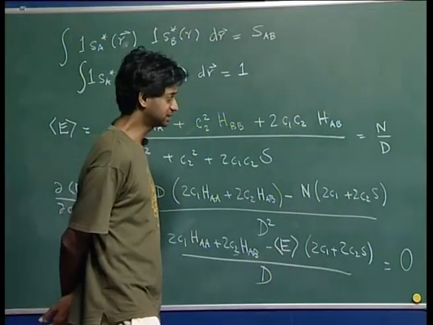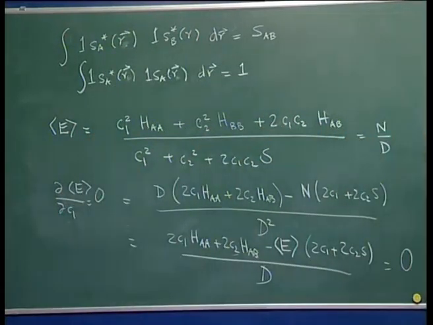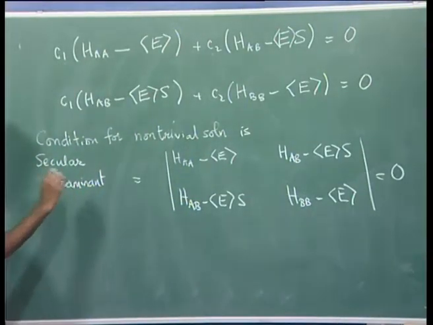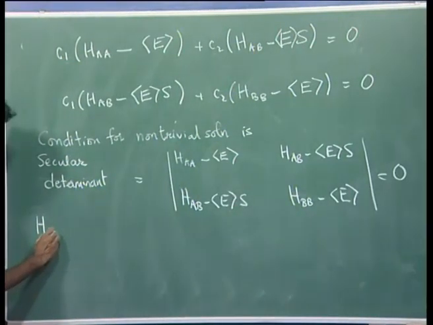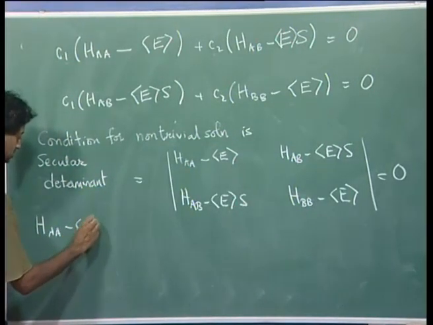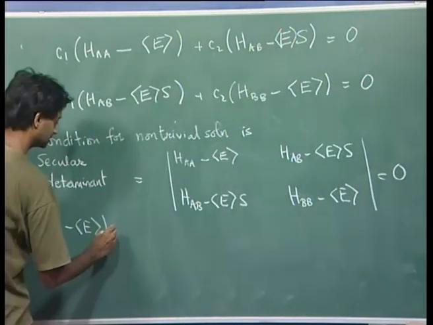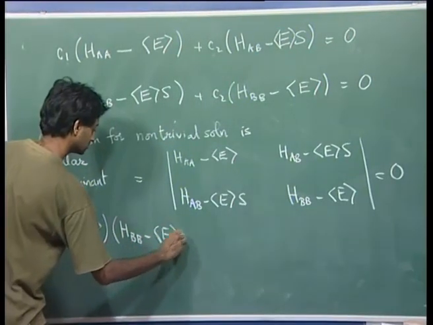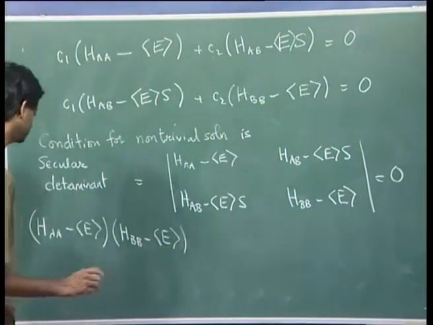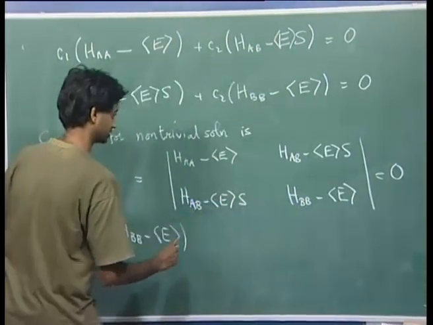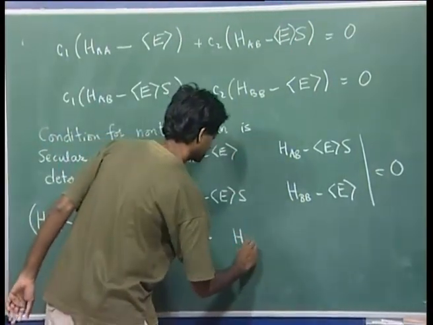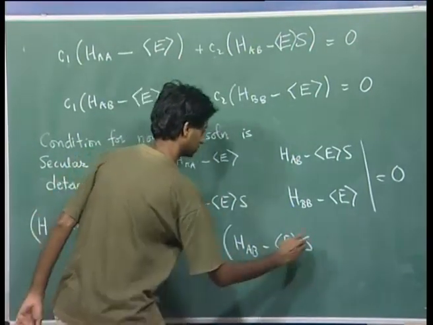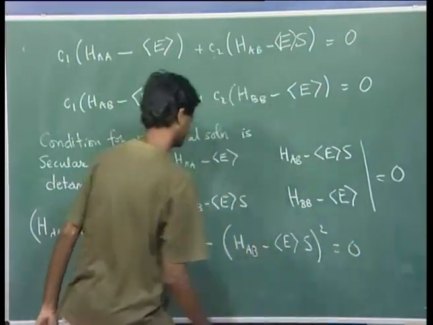Now, this gives a simple result. If you go ahead and multiply out this determinant, what you will get is a quadratic equation in E. So, you will get this into this minus this into this, so minus HAB, the whole thing squared, is equal to 0.